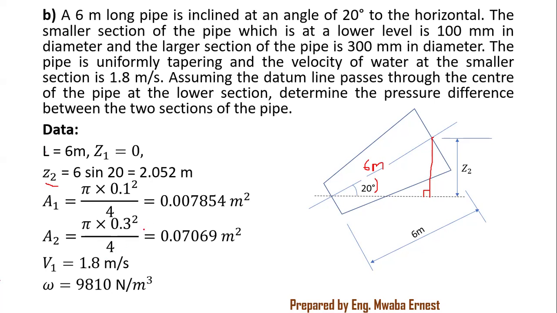When you check the question carefully, it says the velocity of water. Water is that standard fluid which has a density of 1,000 kg per cubic meter, as well as a specific weight of 9,810. So there we're covered. The moment they mention water, that's where we are.